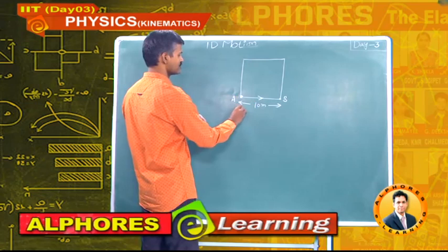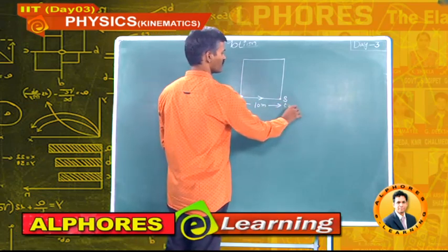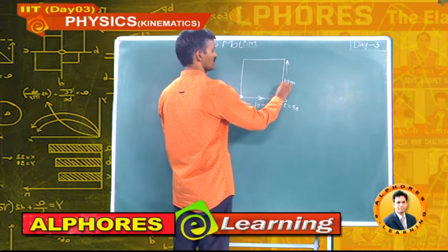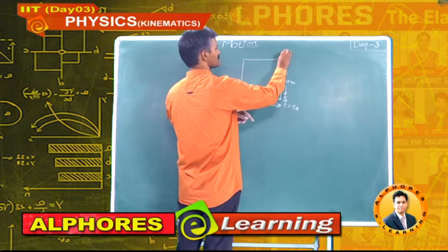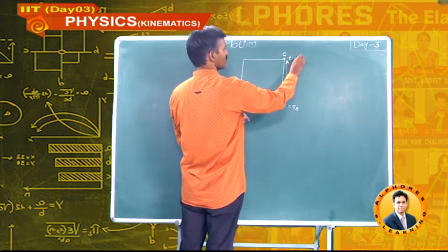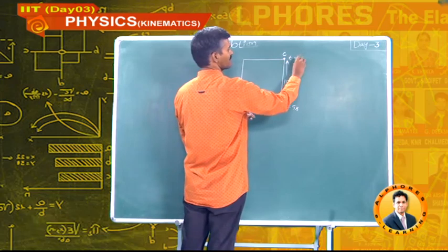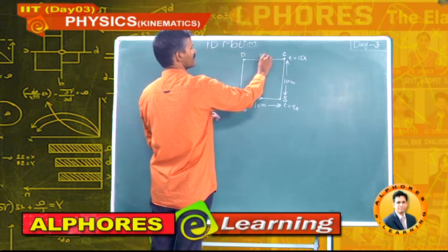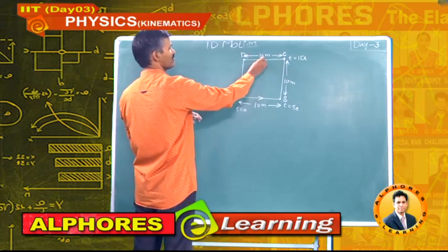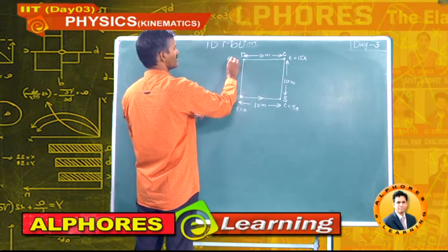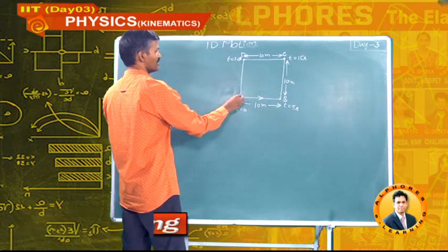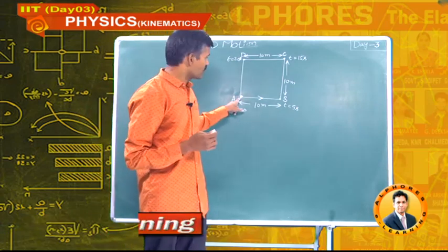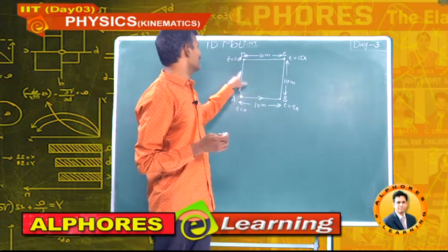It starts at t equal to 0, reaches this point at t equal to 5 seconds, then travels another 10 meters on the square from B to C, reaching at a time of 15 seconds, and then reaches point D, another 10 meters length, at a time of 20 seconds. Find the average speed of the body when it travels from A to D.